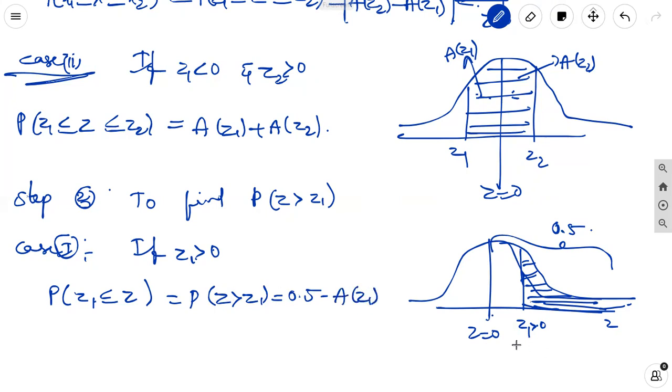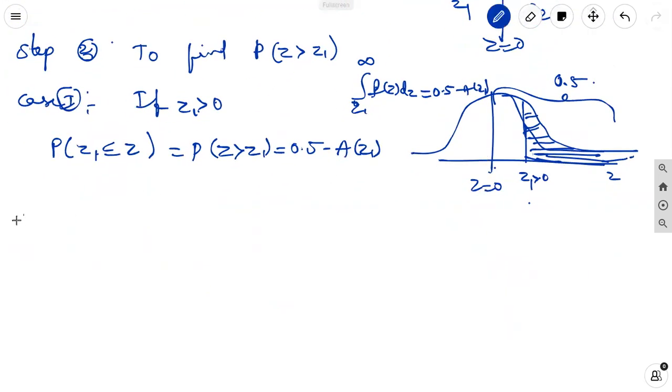That is the integral from Z1 to infinity of f(z) dz. In that case we take 0.5 minus area of Z1. It is case 1.